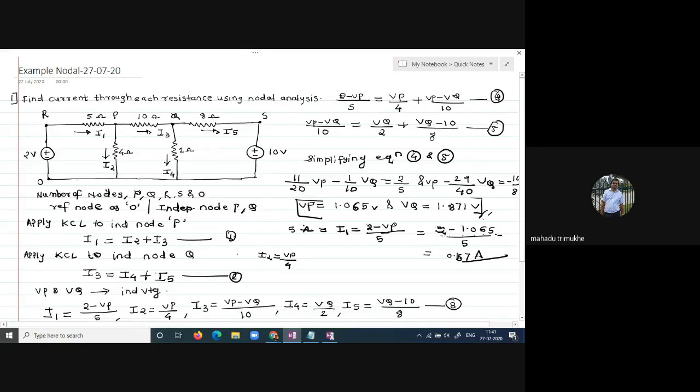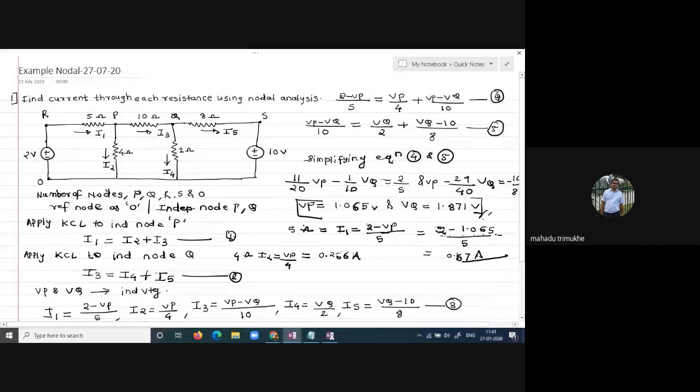That is the current flowing through the 4 ohm resistance. Vp is already known, that is 1.065 divided by 4. Yes, you will get 0.266 ampere.